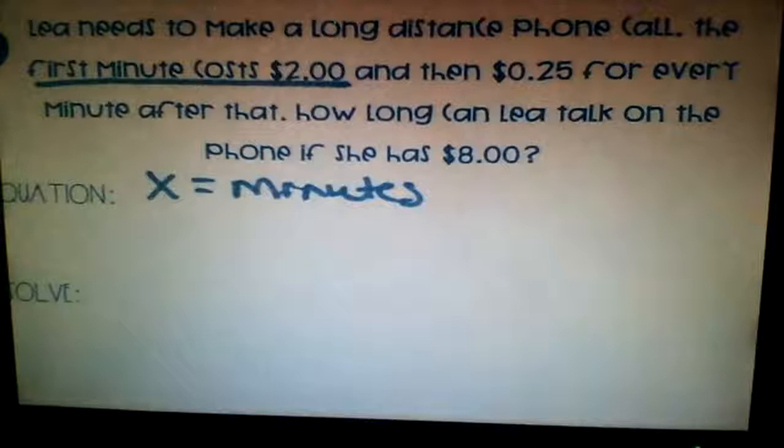She's not getting charged 25 cents for the first one. So how do I write that? If X is my minutes, but I don't want to take into consideration that first minute. I only want the second minute and the third minute and the fourth minute.